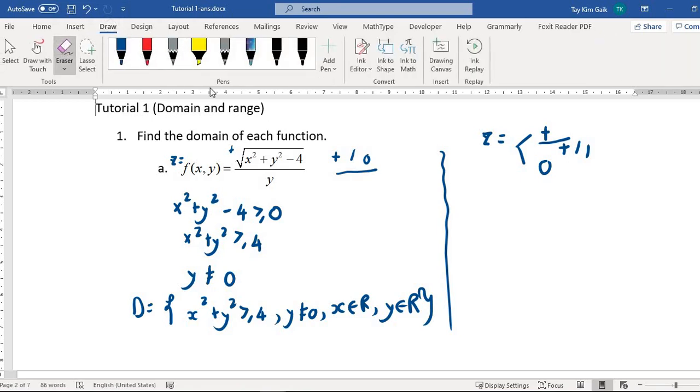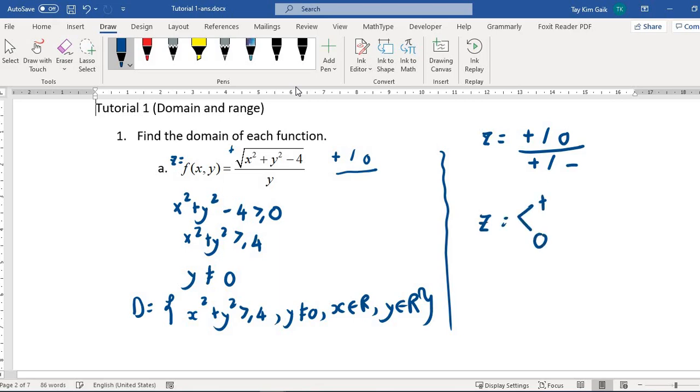The numerator is either positive or 0, but y here can be positive or negative. So you have positive divided by positive, meaning z is positive or 0, and then positive divided by negative. Combining these, you will get the result here.